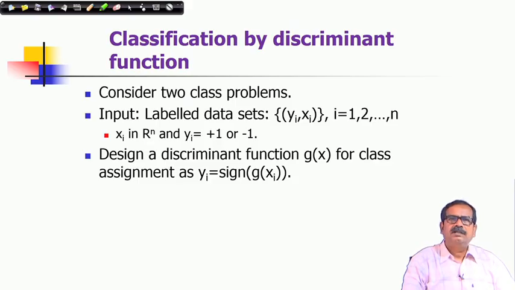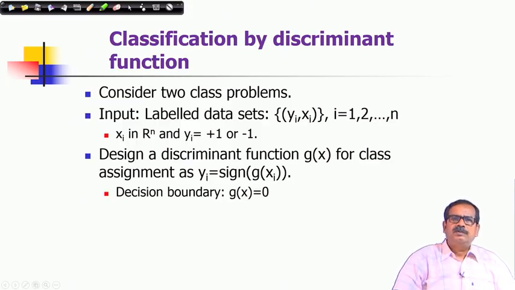The problem of designing a classifier using a discriminant function is that this function needs to be designed such that if I evaluate the function at xi, then the sign of that value, positive or negative, should be the class identity. That is the definition of this problem.